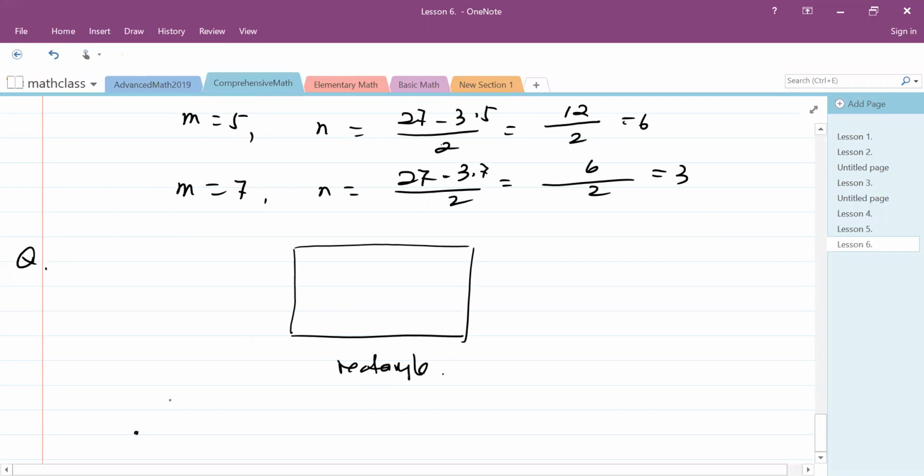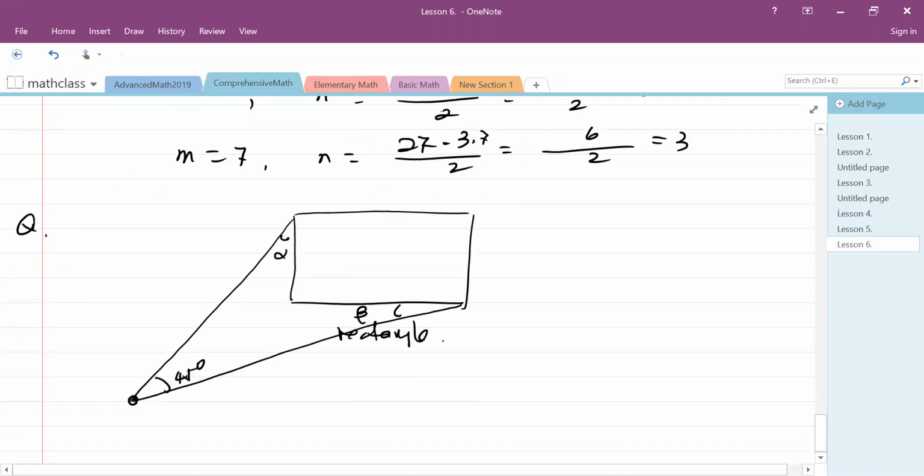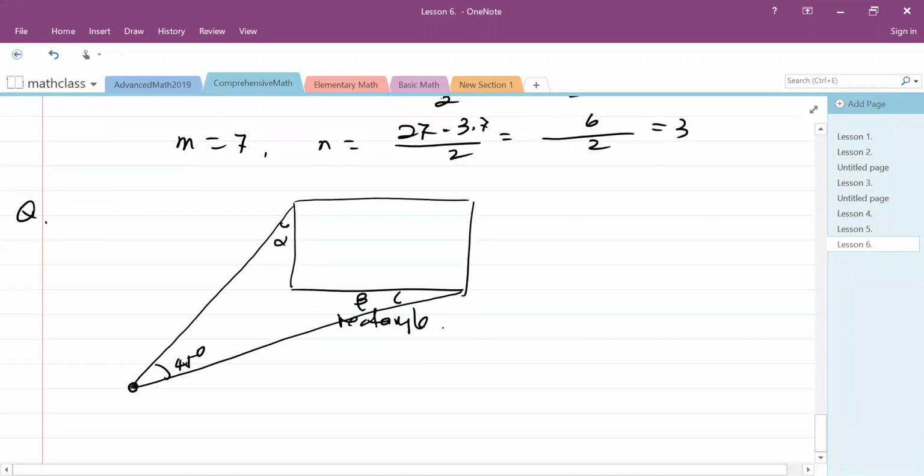Then I choose a point. This is 45 degrees, some point here, and here's alpha, and this angle is beta. So when this point P moves, alpha and beta change. That cannot be uniquely determined.